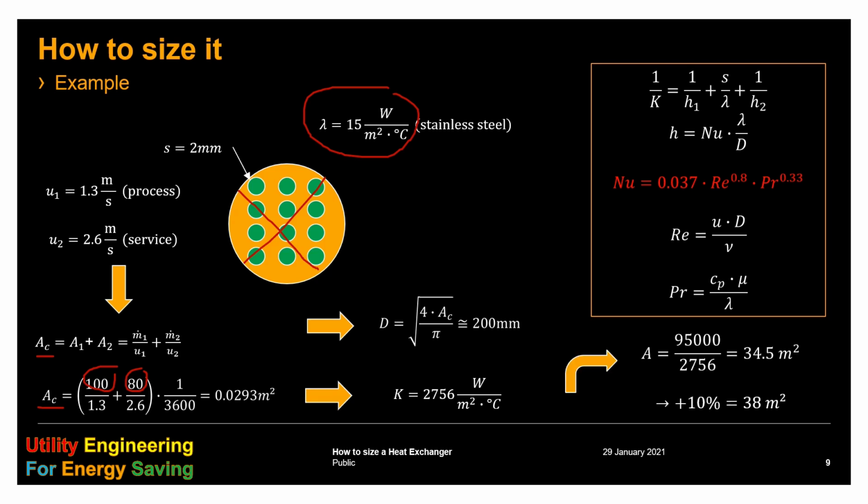By dividing the result of the previous page, 95 kilowatt, by the found K, we get the heat transfer area A, and by taking a safety margin of 10% against fouling, we come to 38 square meter. This is the exchange area of the exchanger, practically the sum of the outer area of each pipe within the exchanger. And this is our result.